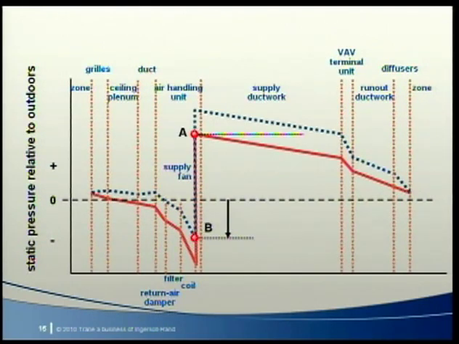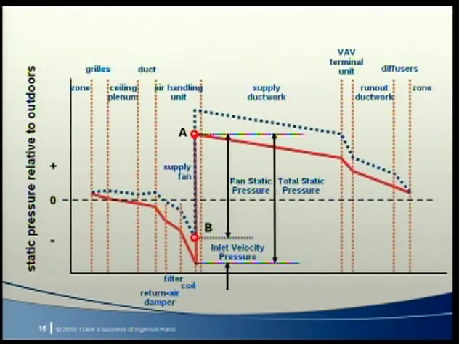AMCA defines fan static pressure as the difference between outlet static pressure and inlet total pressure. So the total static pressure rise across the fan is the sum of the fan static pressure and the inlet velocity pressure at a given flow. The total change in static pressure through the air distribution system equals the total static pressure across the fan.